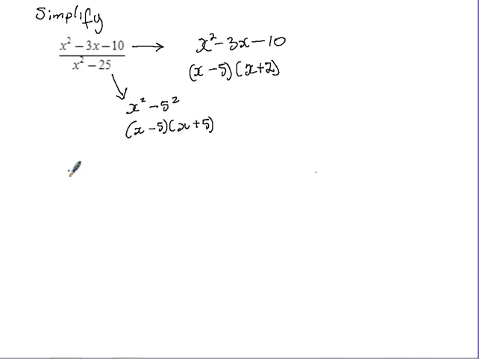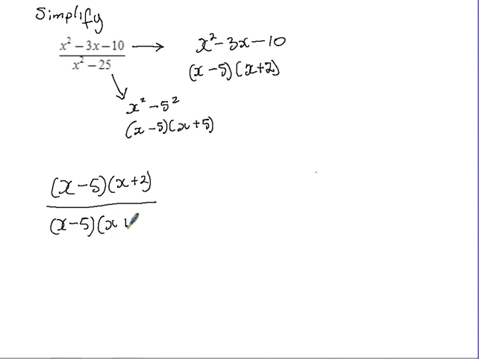So let us rewrite this fraction now, with the expressions in factored form. The numerator is x minus 5 times x plus 2, and the denominator is x minus 5 times x plus 5.